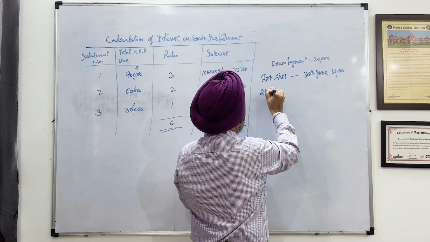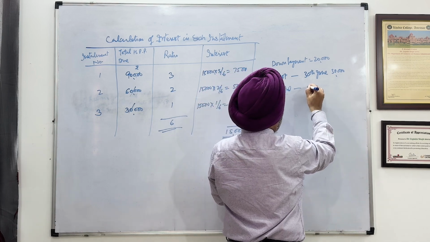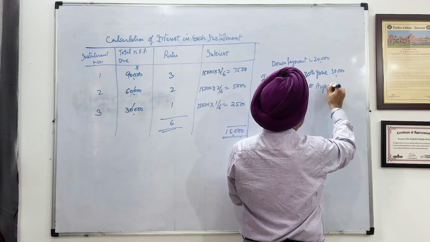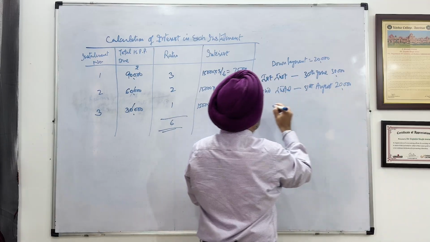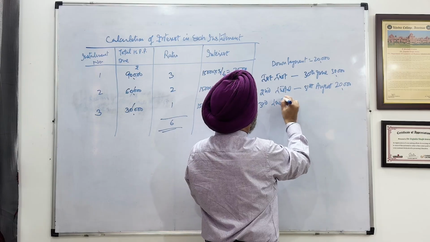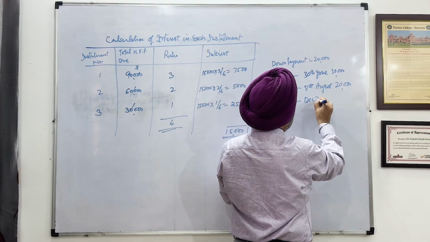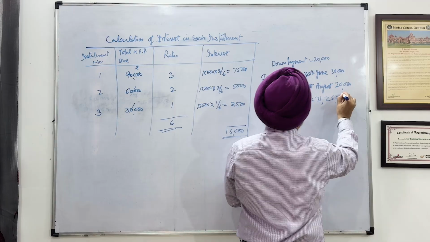Then second installment to be paid on 31st of August, say rupees 20,000. Then third installment to be paid on, say, 31st December, rupees 25,000.